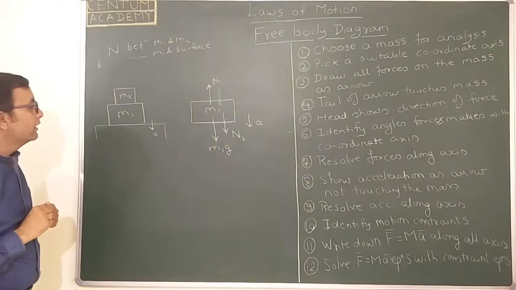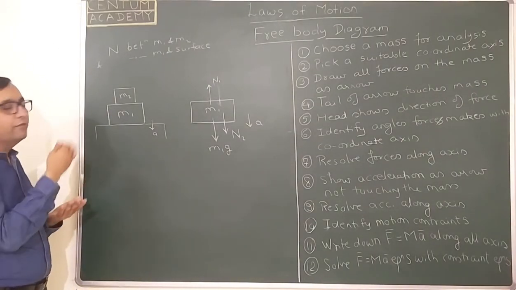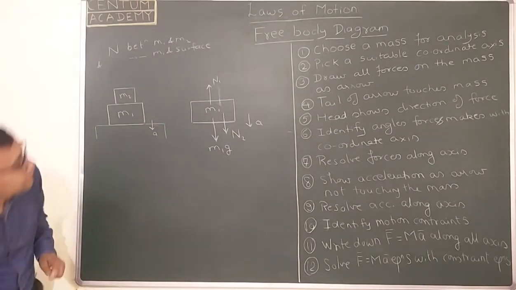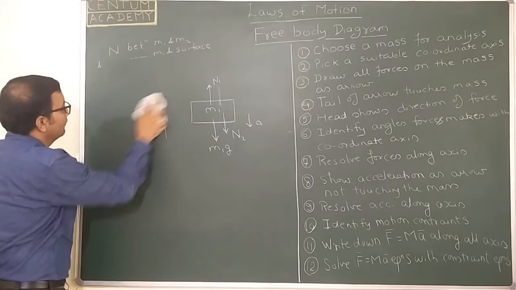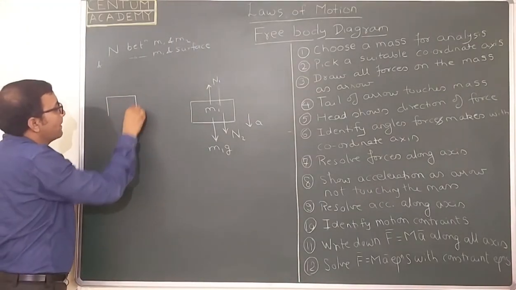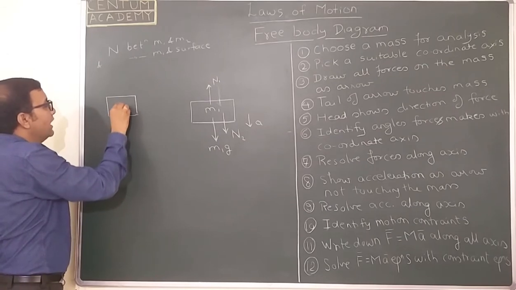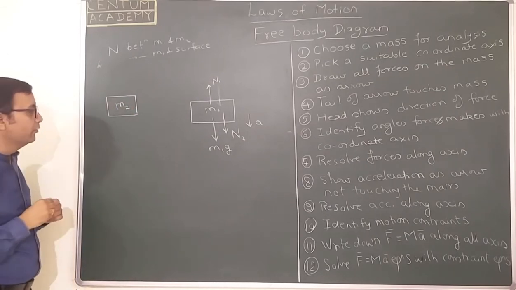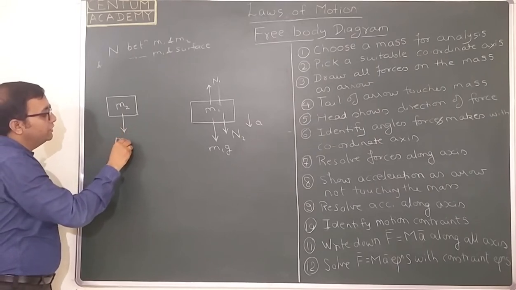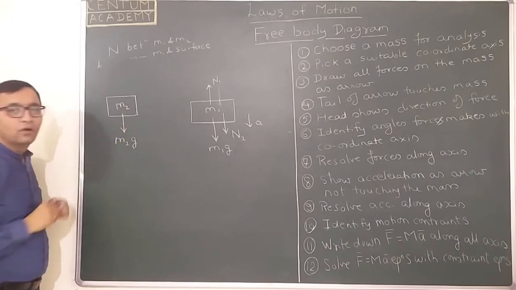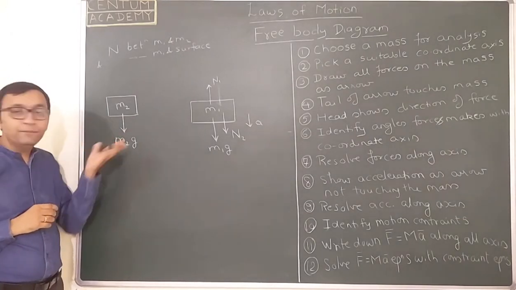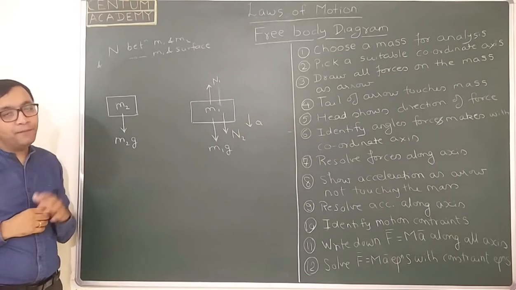Okay. Now let me draw the free body diagram of m2 also, and then we can start to solve. This is m2 which is kept on m1. Okay, it will experience m2g downwards. What else will it experience? m2 is kept on m1, so m1 will push m2.